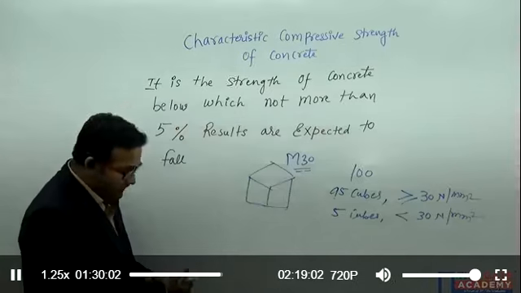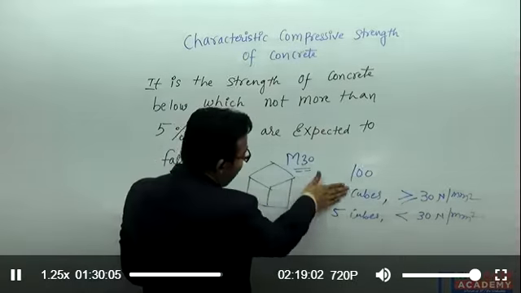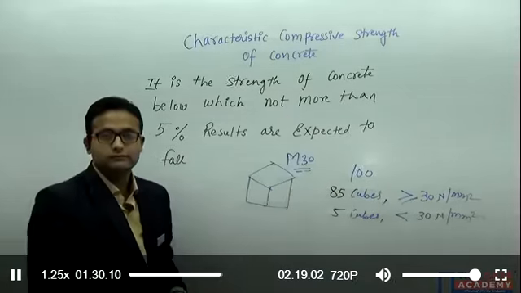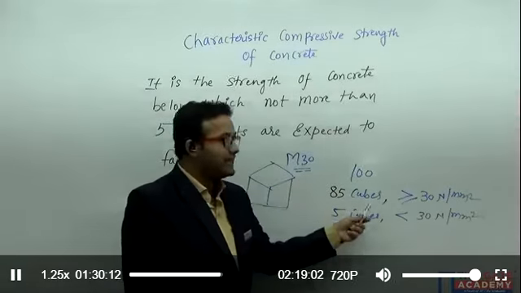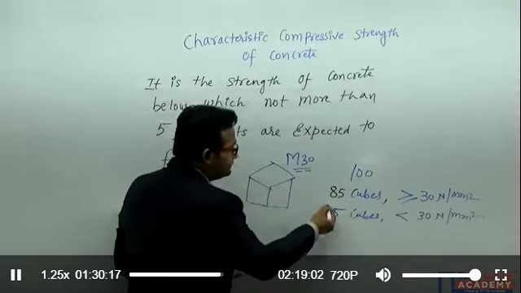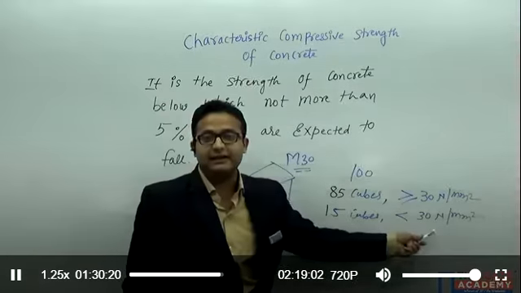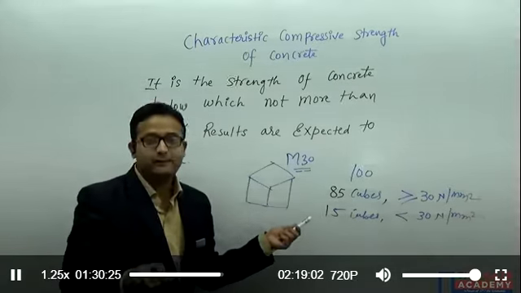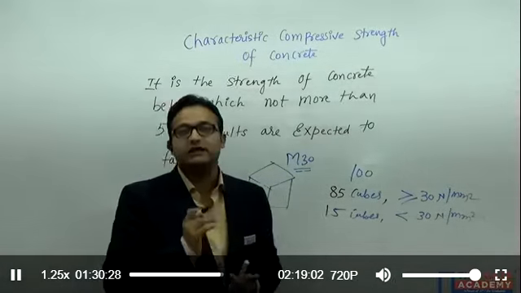Right? So see, if in any case I am not getting 95 and I am getting, say, 85. Only 85 cubes are giving me the strength greater than or equal to 30 Newton per mm square, and the 15 cubes, suppose, are giving me strength less than 30 Newton per mm square. So is it called the compressive strength? Yes, it is called the compressive strength, but it is not called the characteristic compressive strength.